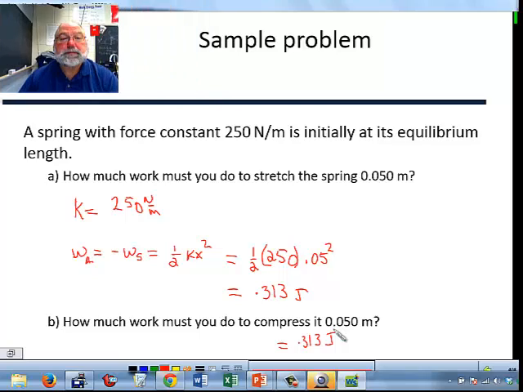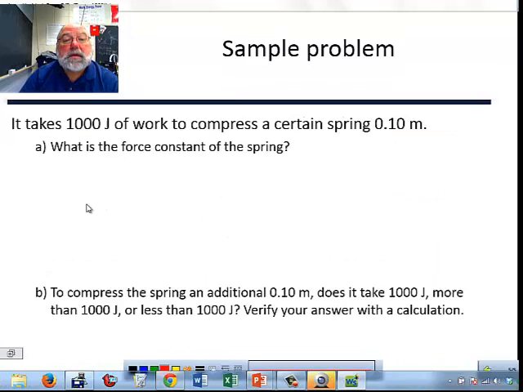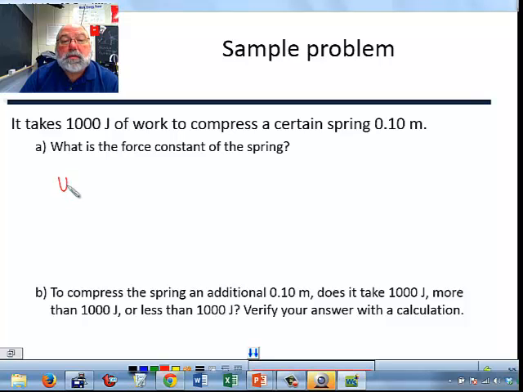Let's try another. Takes 1,000 joules of work to compress a certain spring 0.1 meters. What is the force constant of the spring, or K, the spring constant? Well, the work done compressing the spring, now again this is the work done by you compressing the spring, is equal to 1/2 kx squared.